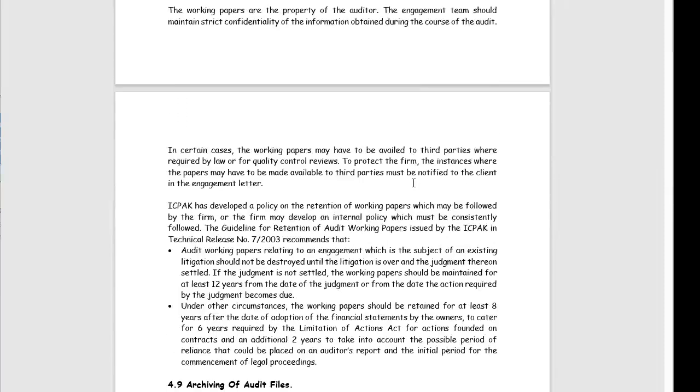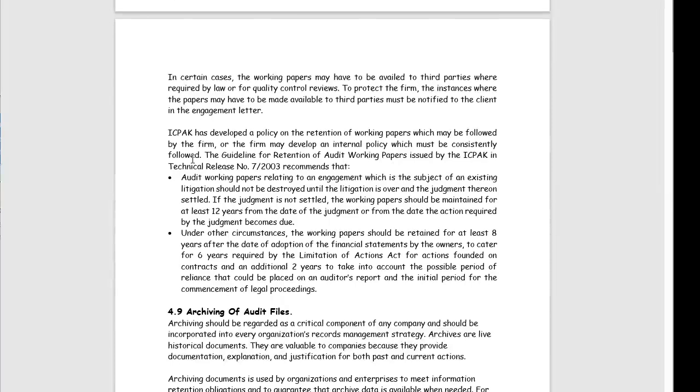In certain cases, the working papers may have to be availed to third parties where required by law or for quality control reviews. To protect the firm, the instances where the papers may have to be made available to third parties must be notified to the client in the engagement letter. ISPAC has developed a policy on the retention of the working papers, which may be followed by the firm, or the firm may develop an internal policy which must be consistently followed.